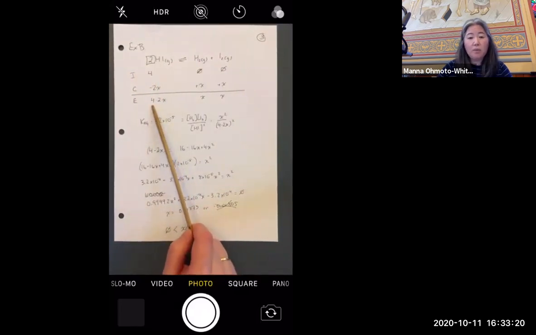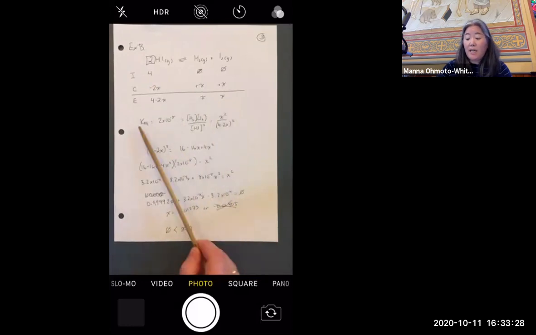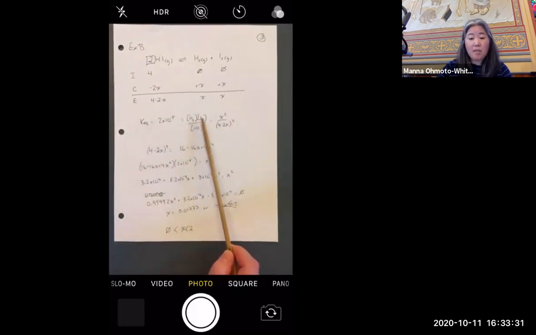So my equilibrium concentration is 4 minus 2x, and my equilibrium concentrations for both H2 and I2 are x. So I write my Keq expression, H2 times I2 over HI equals 2 times 10 to the negative fifth, and I plug in these values.